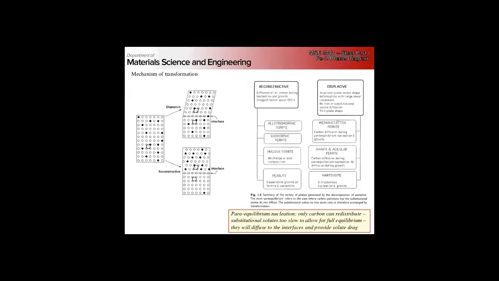So that means they have to move by longer range diffusion, right? Whereas interstitial diffusion is much faster. We don't need vacancies for this to occur, right?